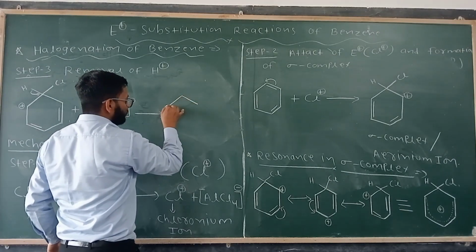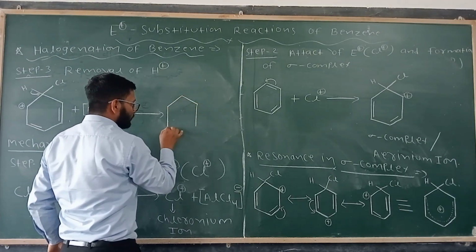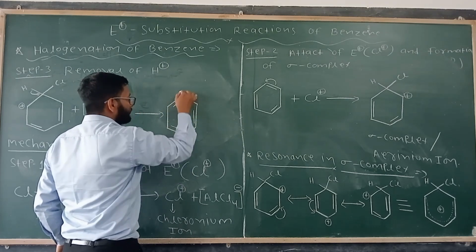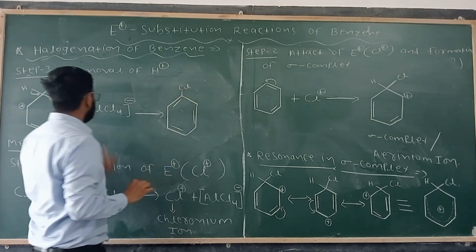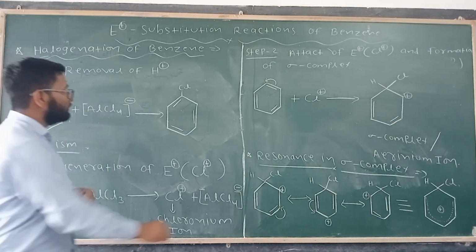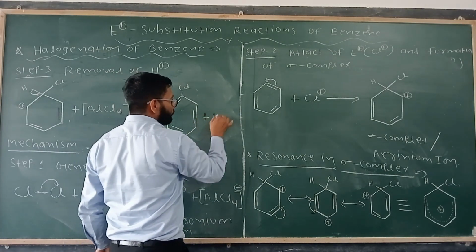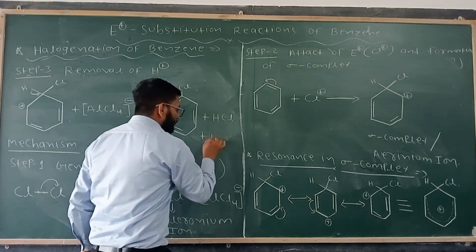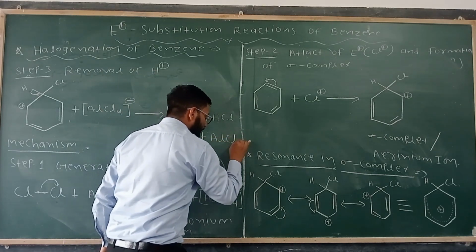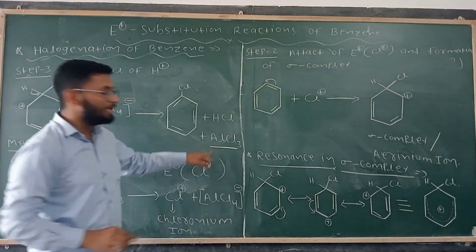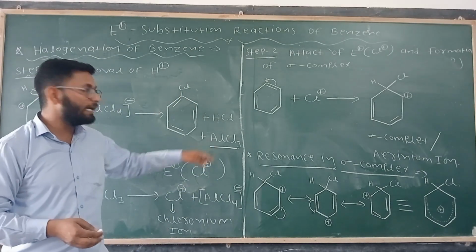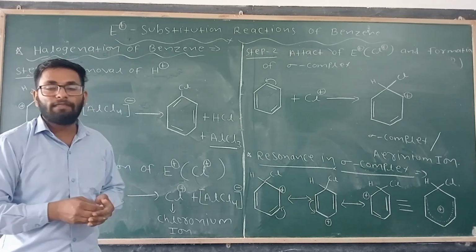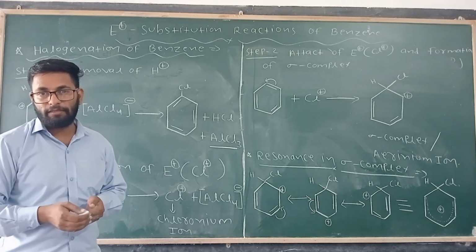We get chlorobenzene, the substituted product, and now this H plus reacts with Cl minus to form HCl, and this AlCl4 becomes AlCl3. So I can say AlCl3 here acts as a catalyst. This is the chlorination of benzene with mechanism.